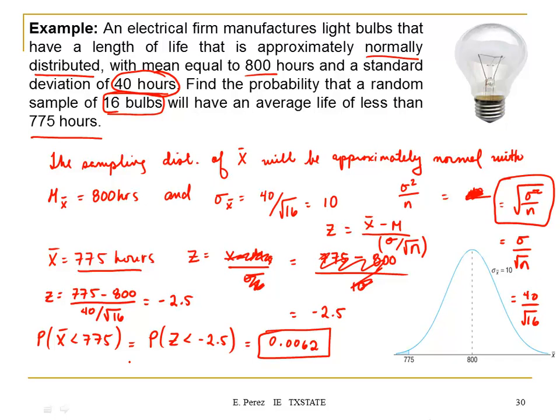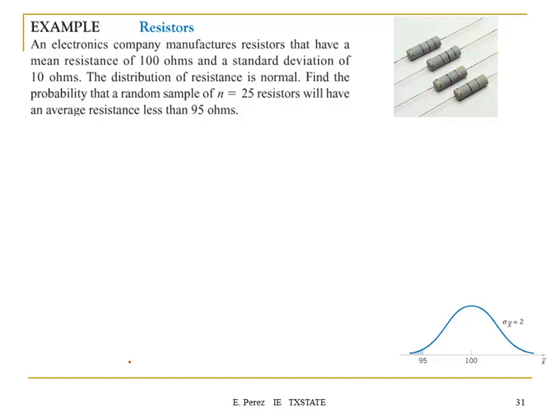If you go to the table, that probability is 0.0062. So the chances are very small that a random sample of 16 bulbs will have an average life of less than 775 hours. Any questions?